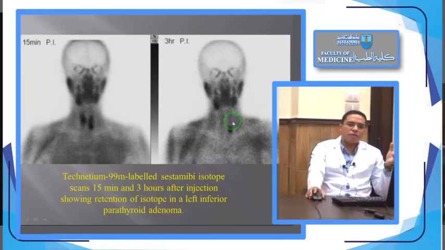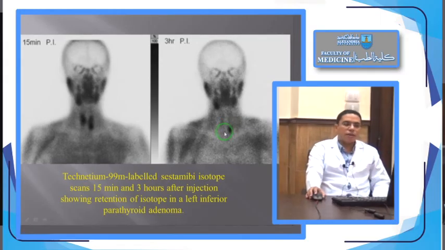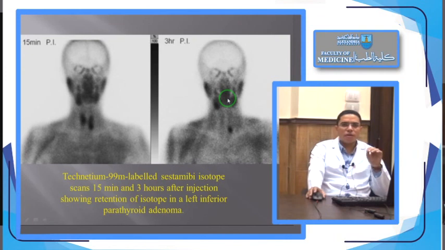And with the ultrasound, of course, if we are having a nodule, we have to investigate this nodule to see whether we have to do any action or any operation to the thyroid with the parathyroid in the same session. So finally, the sestamibi scan is a localizing scan for the pathological or abnormal parathyroid glands.